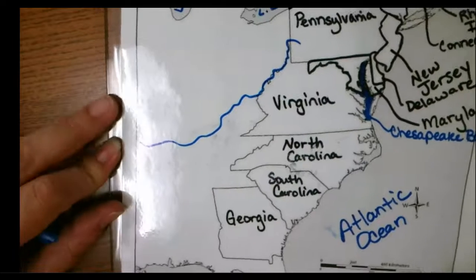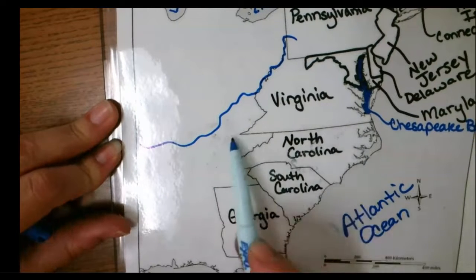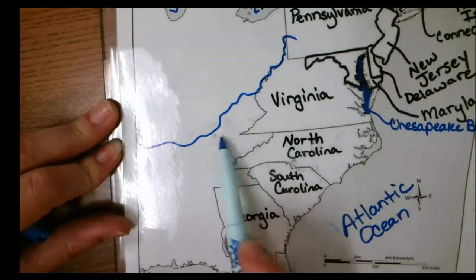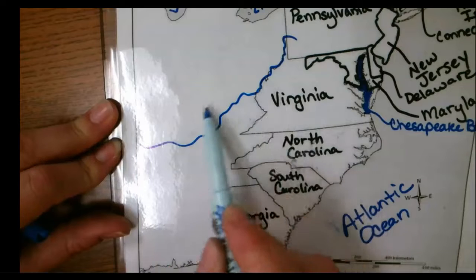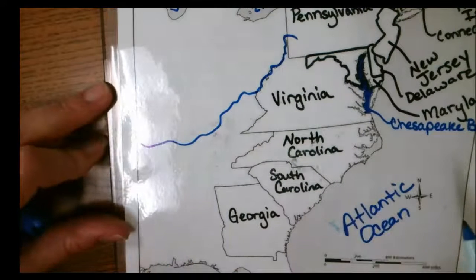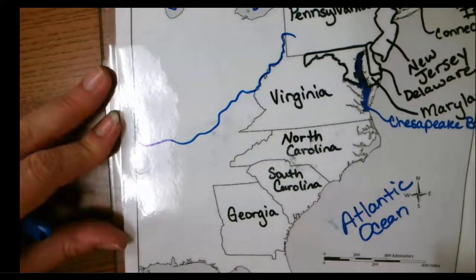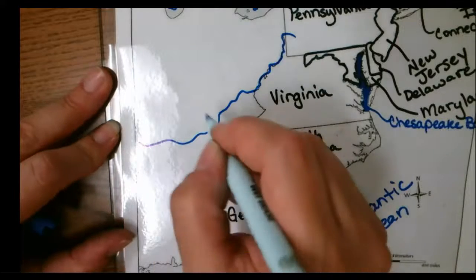Okay, so if you see where I did it, if you look at the boundary of where Virginia is, okay, and I went off the side, and this is the Ohio.